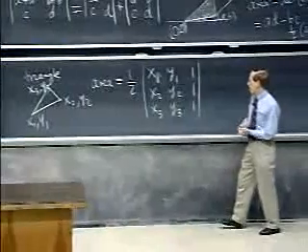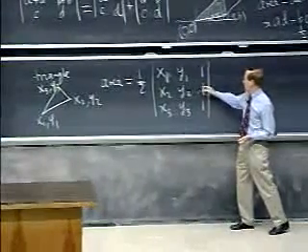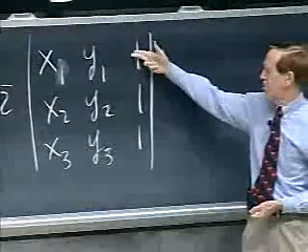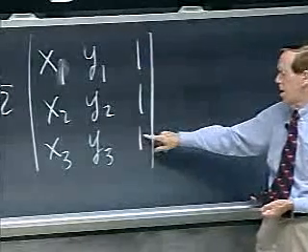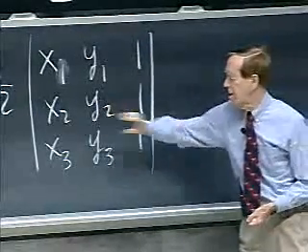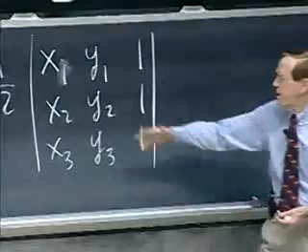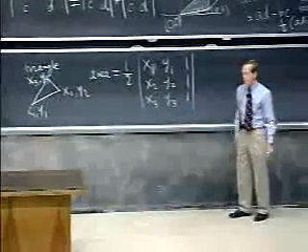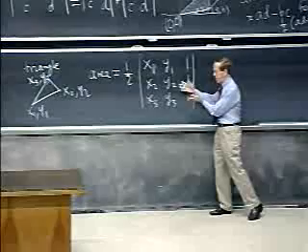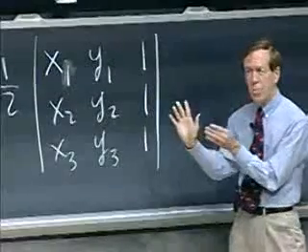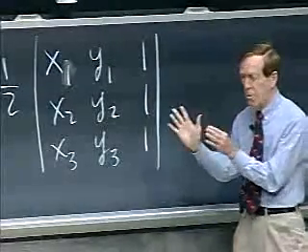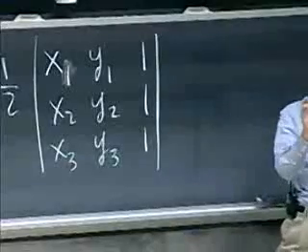If I gave you that determinant to find, you might subtract this row from this, which would kill that 1. Subtract this row from this, it would kill that 1. Then you'd have a simple determinant to do with differences, and this little subtraction was equivalent to moving the triangle to start at the origin.